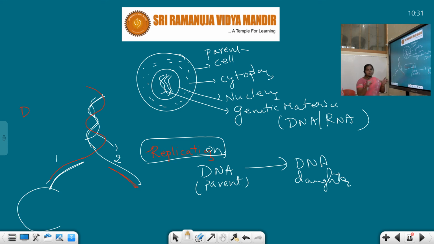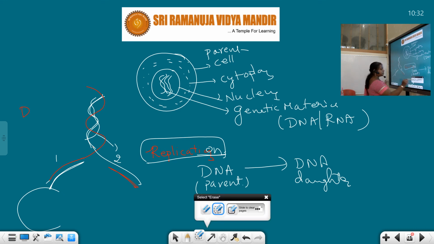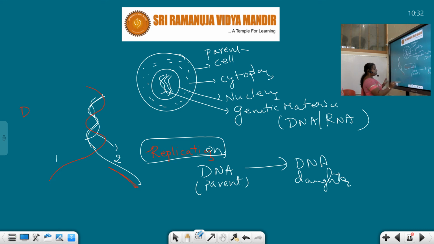Before the formation of a new cell, the genetic material divides. The division of nuclear material is known as karyokinesis. Now, the genetic material is divided, but if only the genetic material divides, it will not give a new cell.